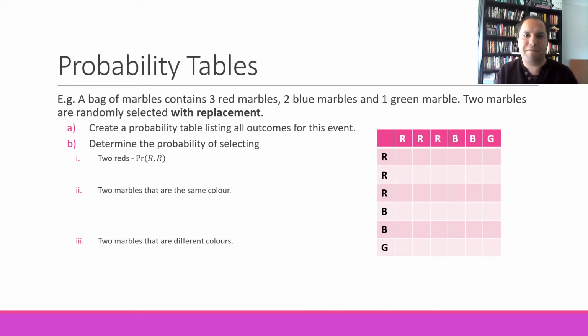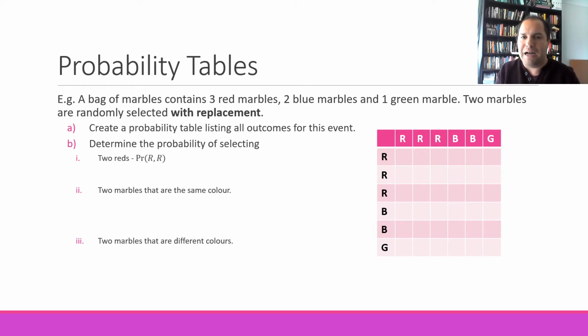We've got a bag of marbles that contains 3 red, 2 blue and 1 green. And then 2 marbles are selected with replacement. So that means the marbles we take out, we put back in. Now let's create a probability table listing all of the possible outcomes. With our table, we're going to write each outcome in each cell.